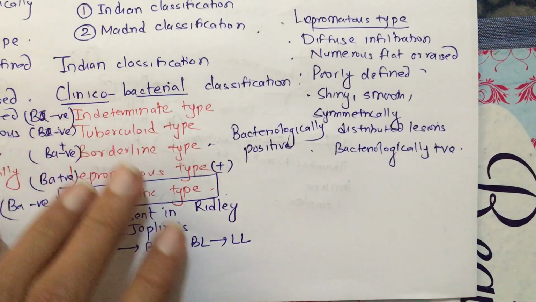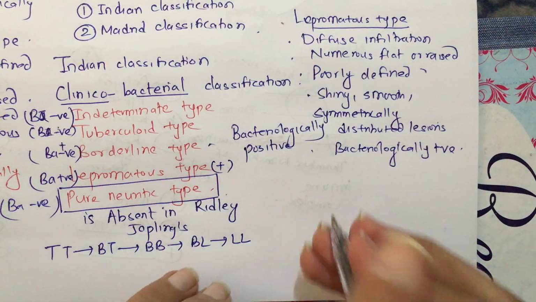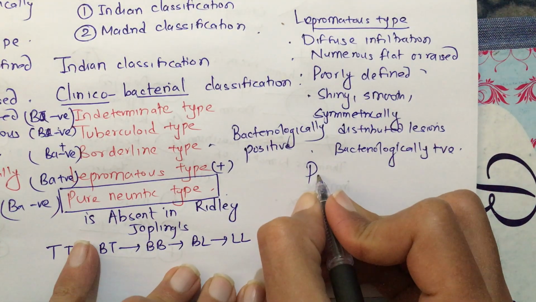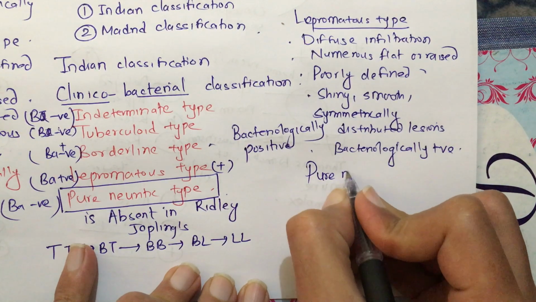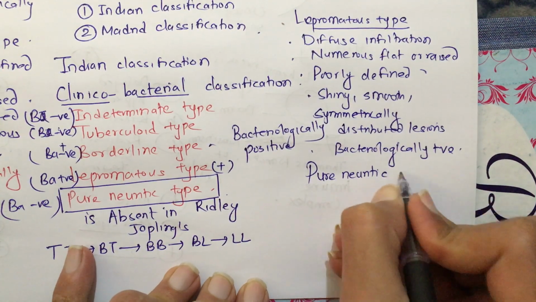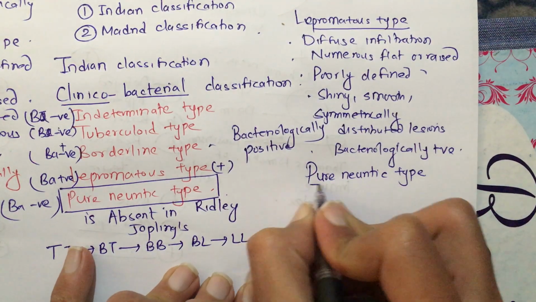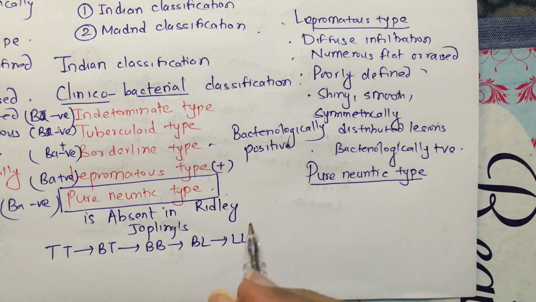And a new type, which is not present in the Ridley-Jopling classification, is the pure neuritic type. As the name implies, it is purely neuritic. That means there is no skin involvement.